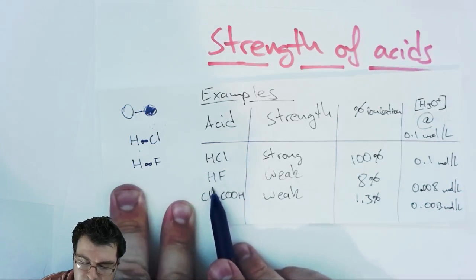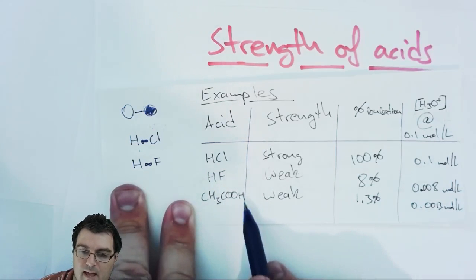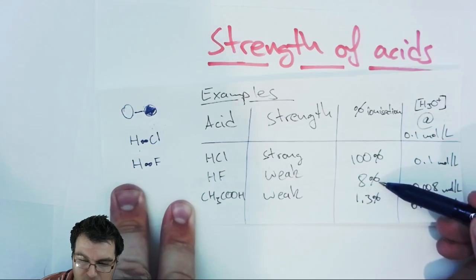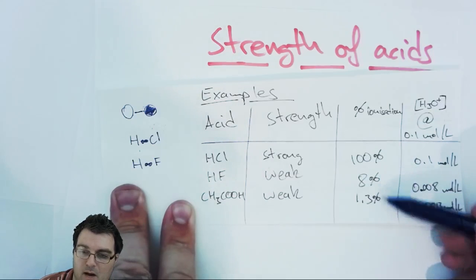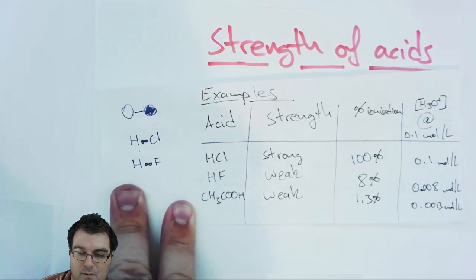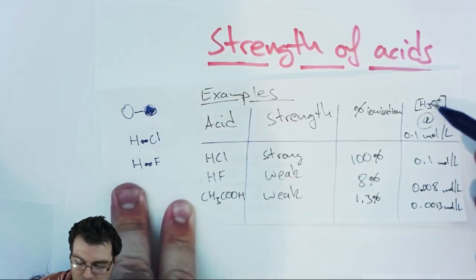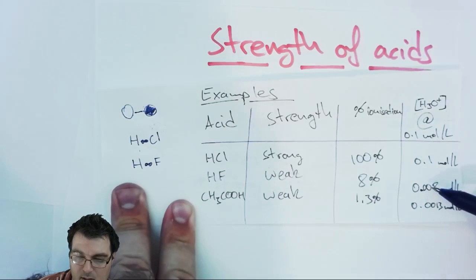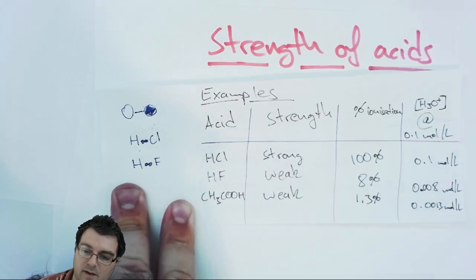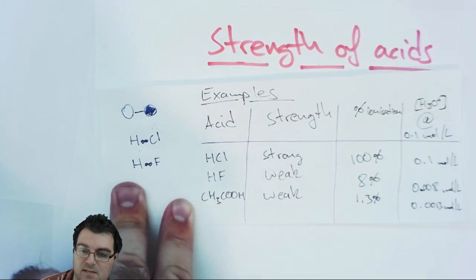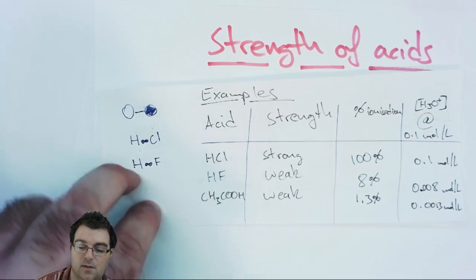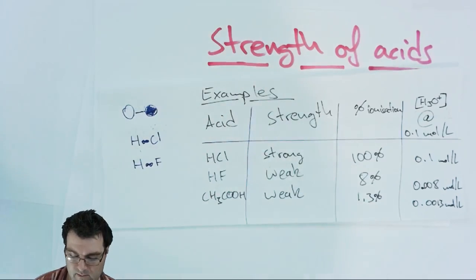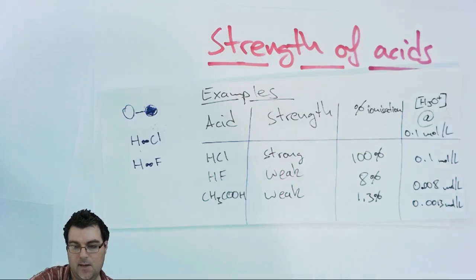However, in the case of hydrofluoric and ethanoic acid, each only partially ionizes, to 8% and 1.3% respectively. So the hydronium ion concentration in solution is going to be dramatically lower for each of those, consistent with the percentage ionization that we find when we look at their pH in solution versus the prepared concentration of the acid.